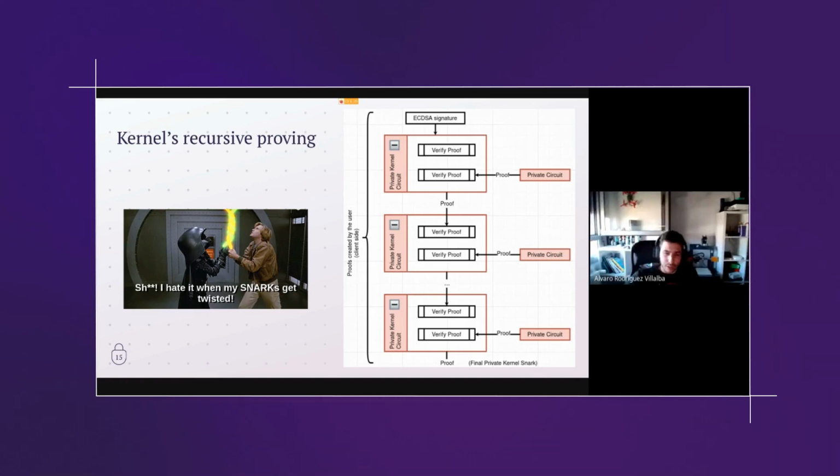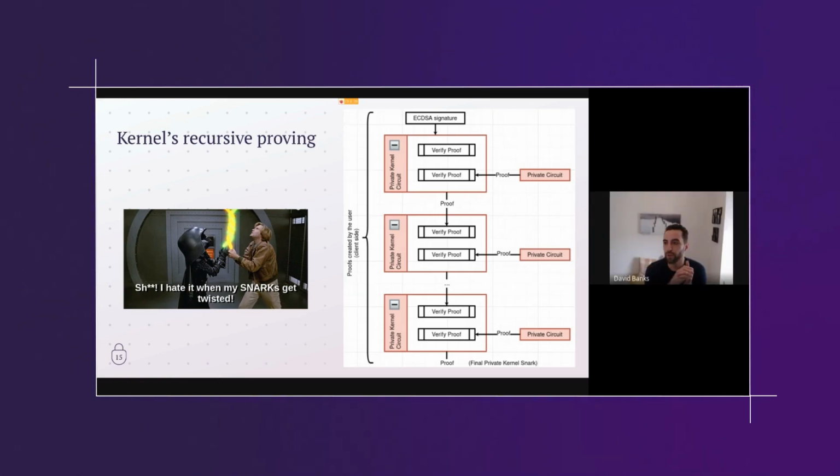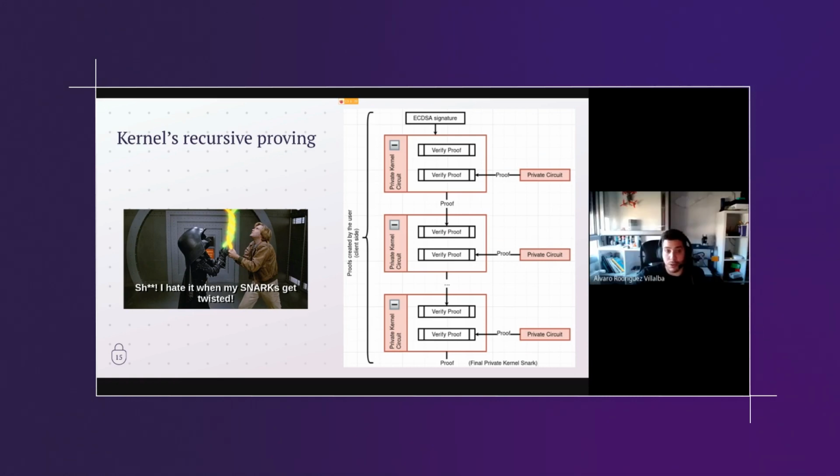So in the first iteration, it would verify the signed transaction request and not the previous proof, because there is no previous proof. It has the proof as an input, but I assume that we are going to pass some random data at the first iteration.